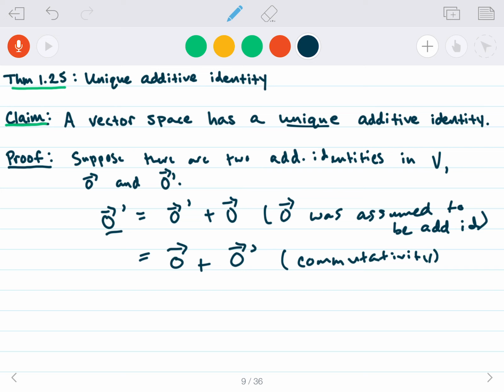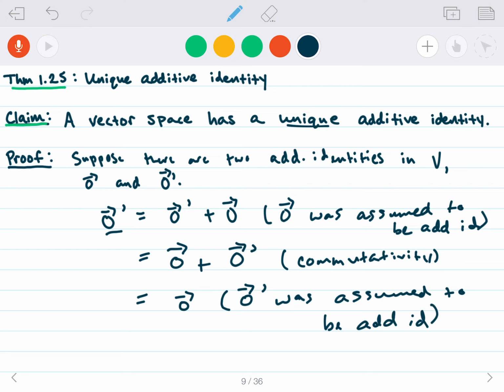And finally, what does this equal? Well, this is just going to equal 0. And why is this? Because we assumed 0 prime was an additive identity. So what have we just shown?